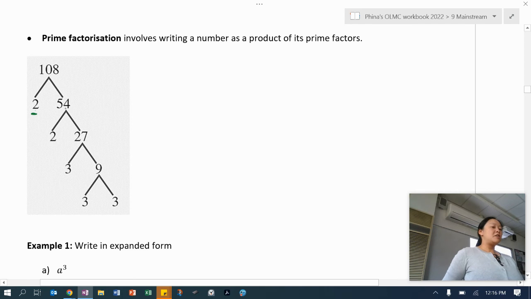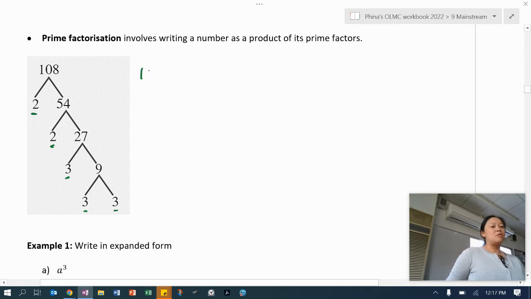Then I can break 54 down into some factors. 2 times 27 makes 54. 2 is a prime factor. Keep going. So 27, 9 times 3 makes 27. 3 is a prime factor. And then 9, 3 times 3 is 9. They're both prime factors. So we do these factor trees so we can work out what the prime factors are.